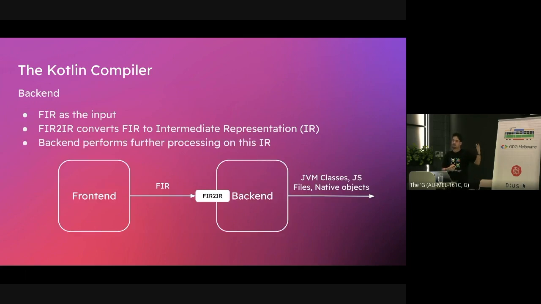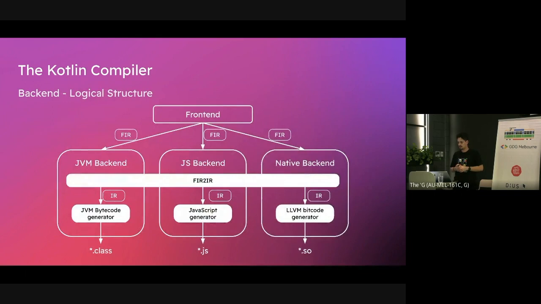The backend performs further processing on this IR and then throws out the JVM classes and whatever target code you want. So with the K2 backend, this is the new logical structure of how compilation happens. Depending on what target you're targeting, it will take the IR, and that IR will go through a bytecode generator or JavaScript generator or your LLVM bitcode generator to give you the correct files.